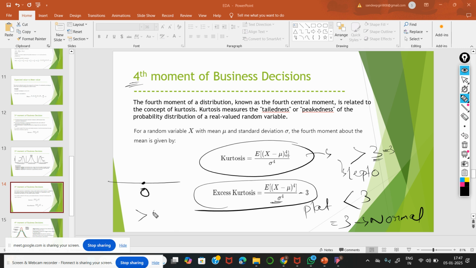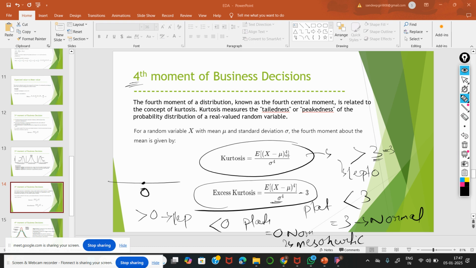Now tell me, if you are getting greater than 0 that means it is lepto, if it is less than 0 it is platy, if it is equal to 0 it is known as normal distribution. Normal distribution is also known as mesokurtic distribution. This one is lepto, platy, and this one is meso. Or else you can call it normal distribution, that's also fine.